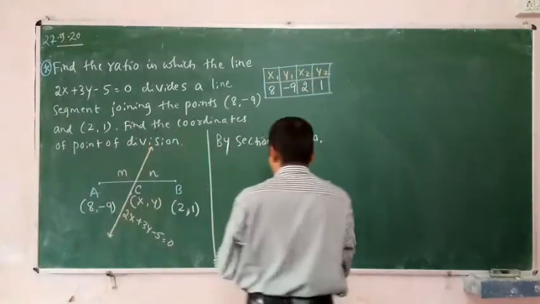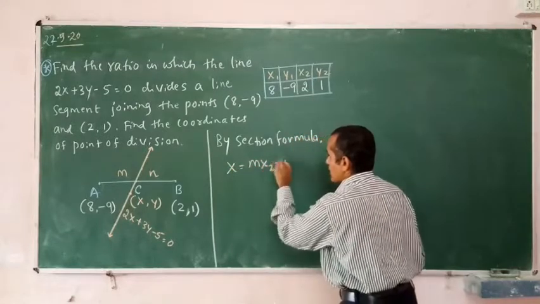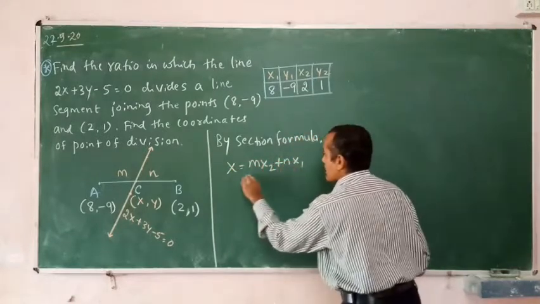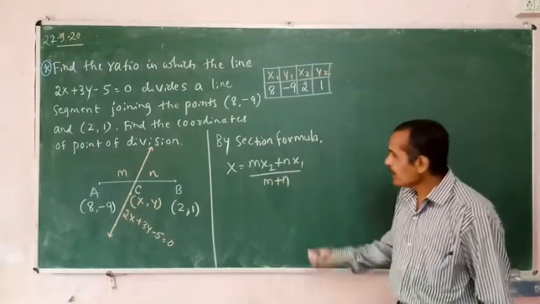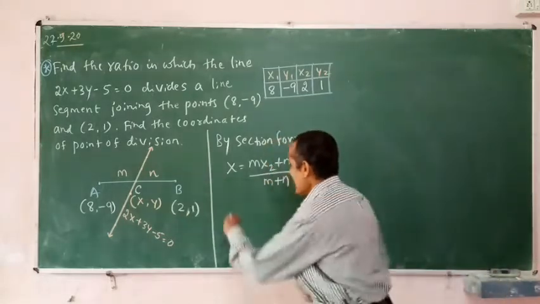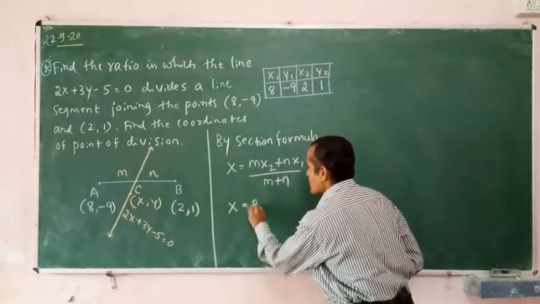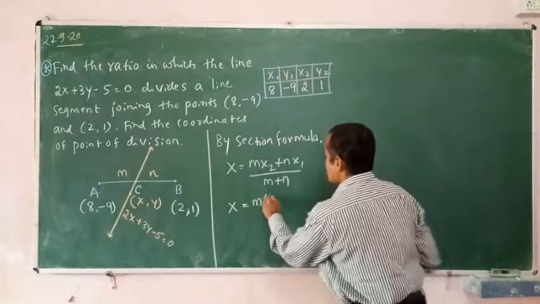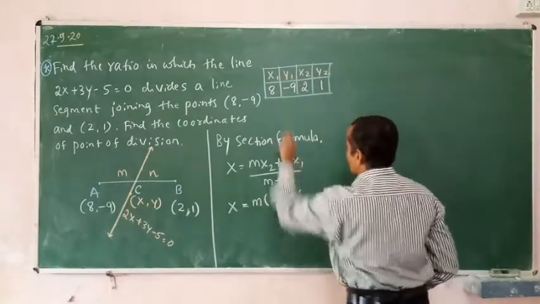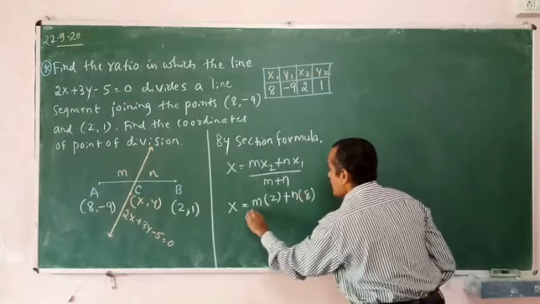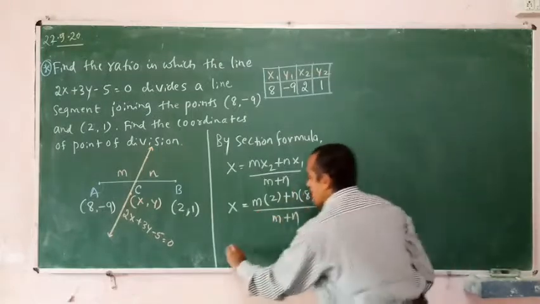Bisection formula, come on. x is equal to mx2 plus nx1 divided by m plus n. Okay? x only. We don't know the value. m times x2, x2 is 2, plus n times x1, x1 is 8, divided by m plus n.